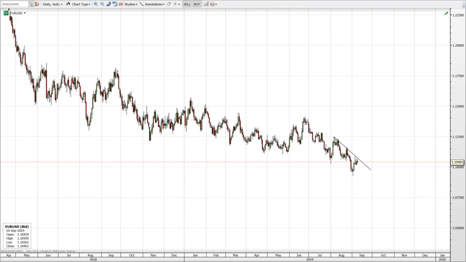Correlation wise, I think it is a fairly nice trade because I don't think it's too reliant on risk on or risk off, as I do believe that the euro will probably underperform in both situations.